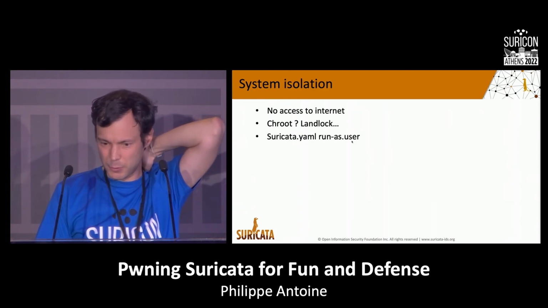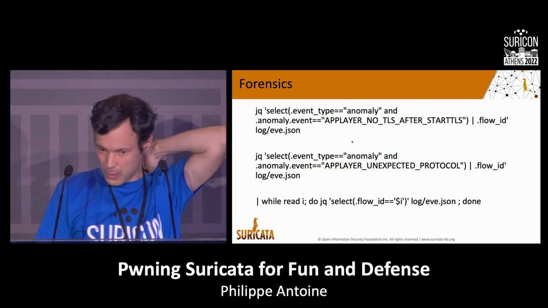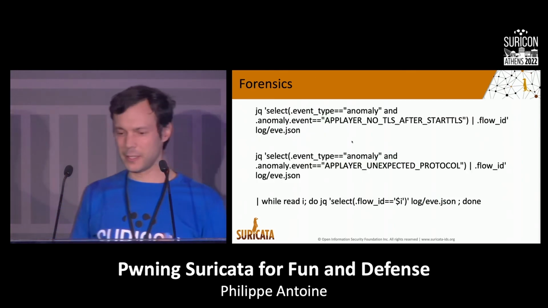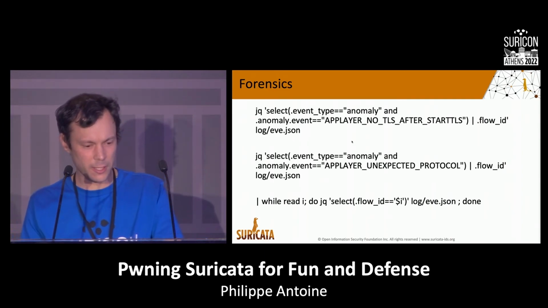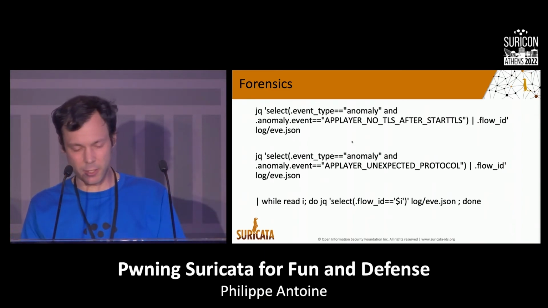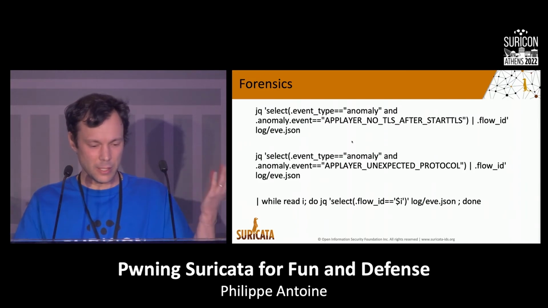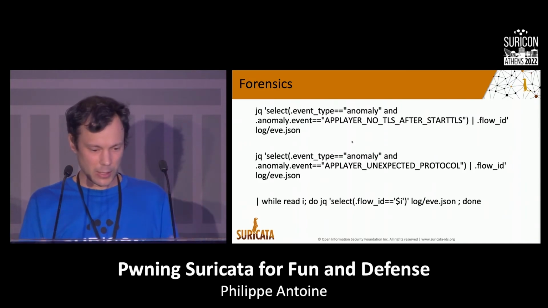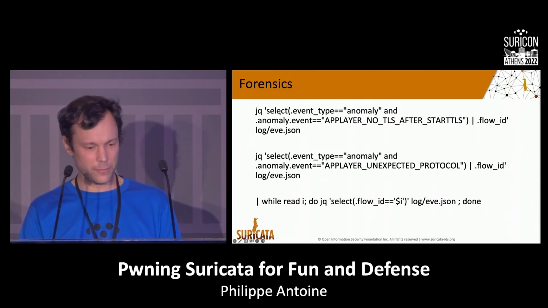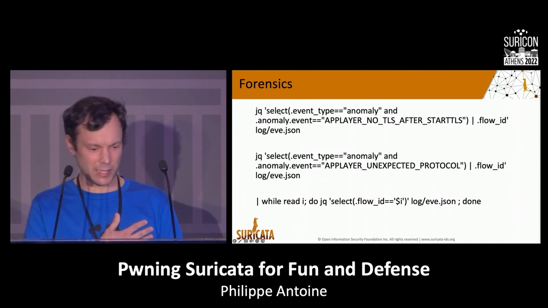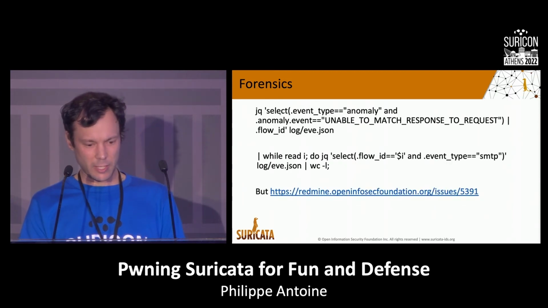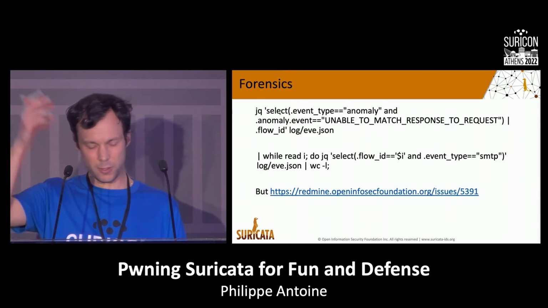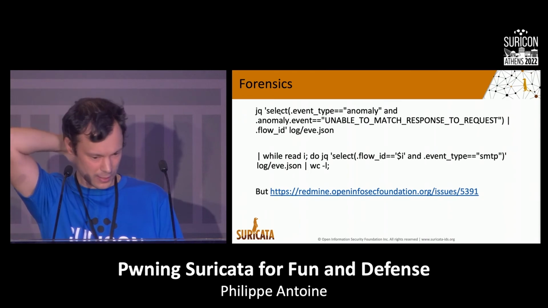And to conclude, you can do a bit of forensics with this vulnerability, because to trigger it, the attacker needs to take code paths where we generate anomalies. So you can look for the anomaly of no TLS after STARTTLS, unexpected protocol, and unable to match response to request, because there is the HTTP1 server response without a request.